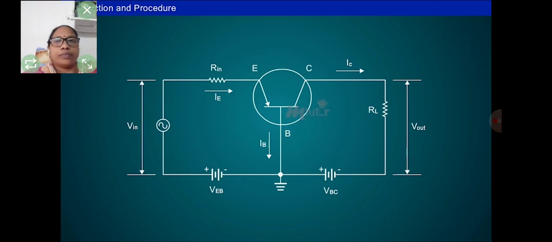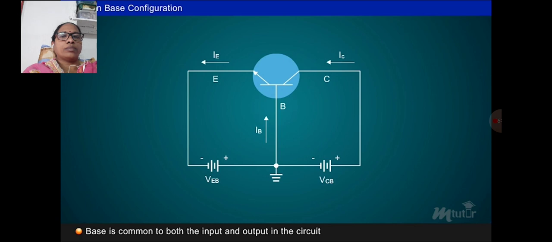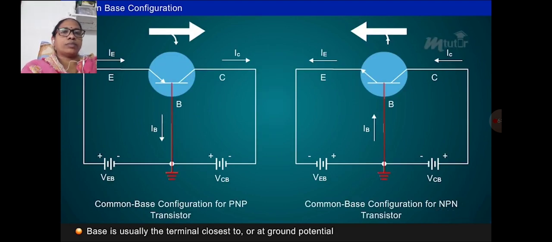Now, we can see common base configuration in detail. The common base terminology is derived from the fact that the base is common to both the input and output sides of the configuration. In addition, the base is usually the terminal closest to or at ground potential.